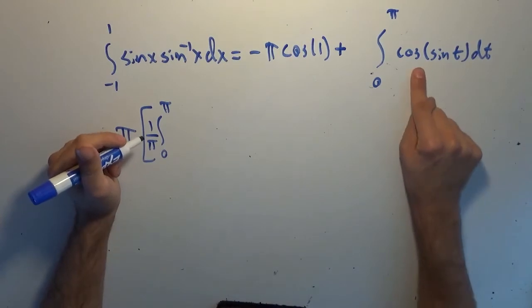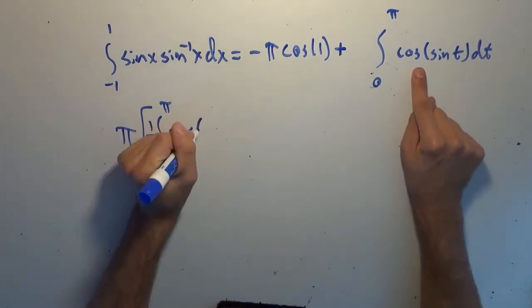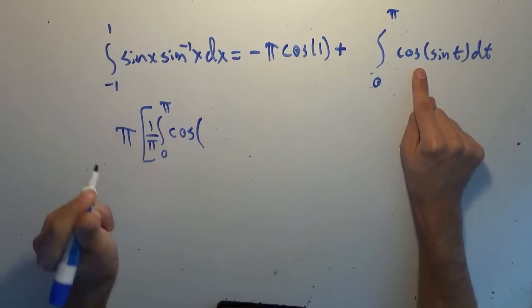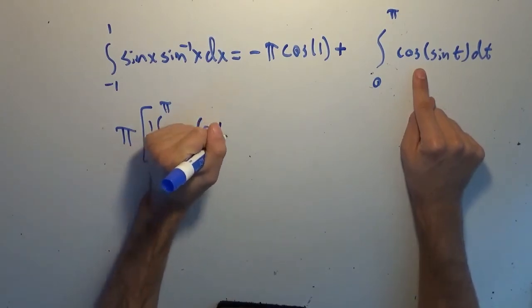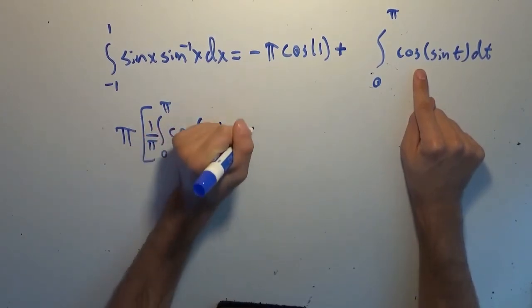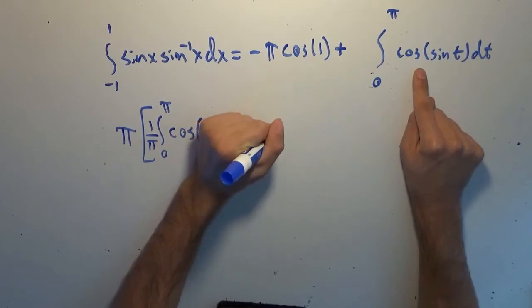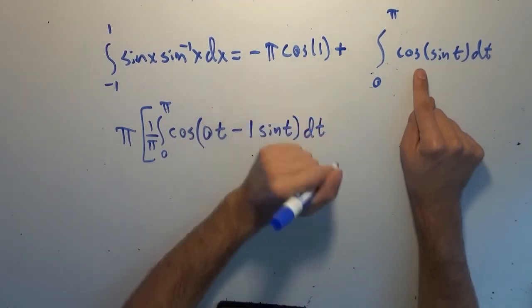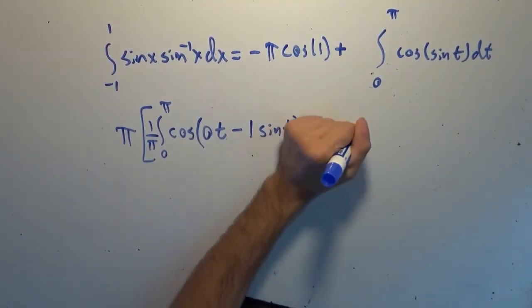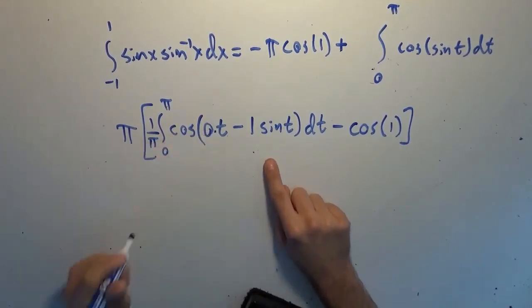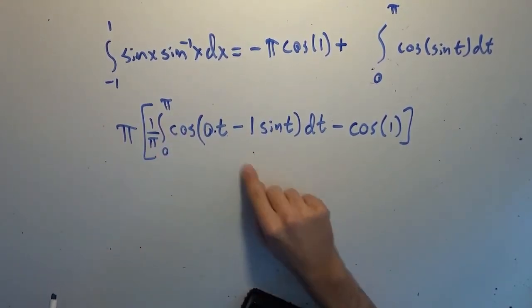And I'm going to write this as the cosine of, and now you might find this weird, but just go with it, 0 times t minus 1 times sine of t dt, minus cosine of 1. And this is a very particular way of writing this, because this is a special thing.